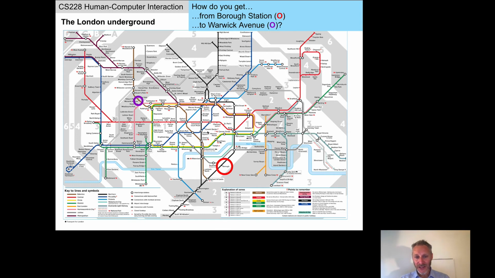You'll notice the Leicester Square note down here is relatively close to these four. It could be difficult to see which particular name corresponds to which particular station if they were bunched up. So by making things more uniform, it becomes easier to read which station is which and solve the task of how best to get from point A to point B.